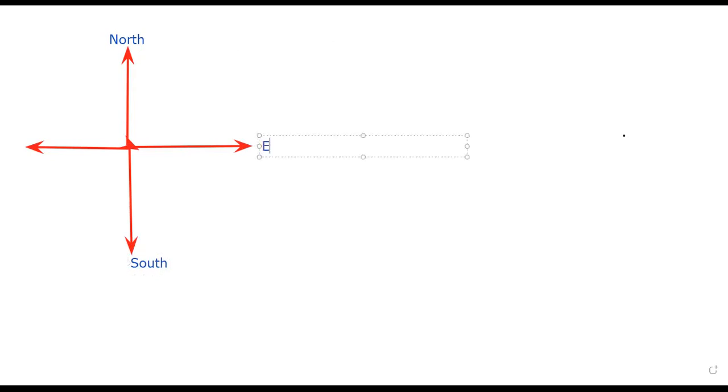To the right we have east, and to the left, in your left hand, you have west. So we have north, south, east, west. Also, they can use it in word problems by using the Pythagorean theorem.